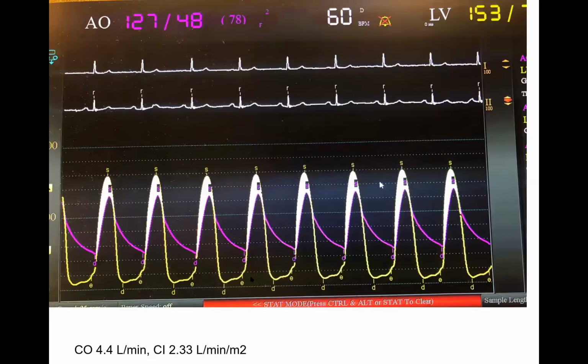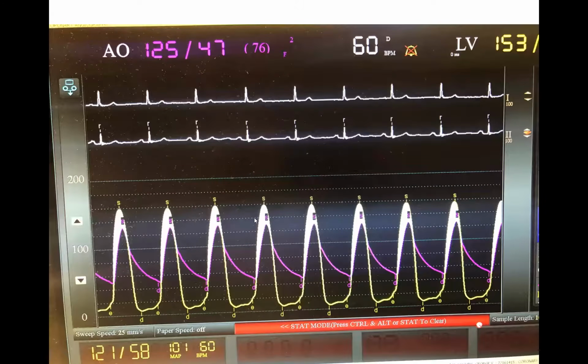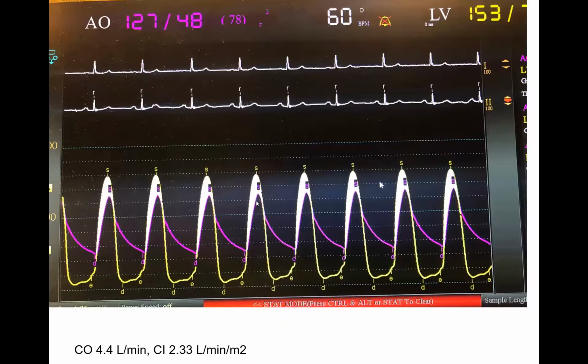Another thing you do, I always swap transducers. So this one was obtained with transducer 1 in the LV, transducer 2 in the aorta, and here I swapped the lines. So transducer 2 in the LV, 1 is in the aorta. I ensure obtaining the exact same gradient. So that's how I ensure that my measurements are correct.